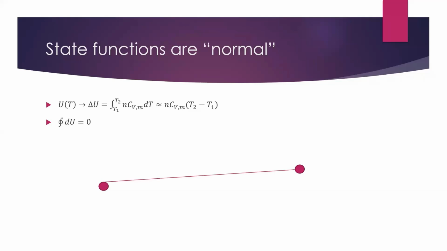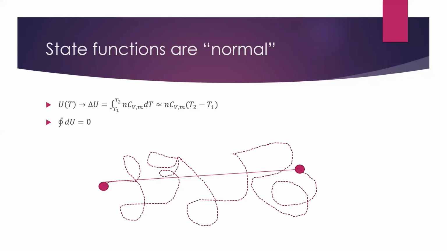So we can consider a path where we go between T1 and T2 in a straight line, and this will have a certain delta U associated with it. We could also consider another path, a crazy path. We can see here we still start at T1 and end at T2, but the path is very different. Nevertheless, it has the same delta U because the initial temperature and the final temperature are the same.